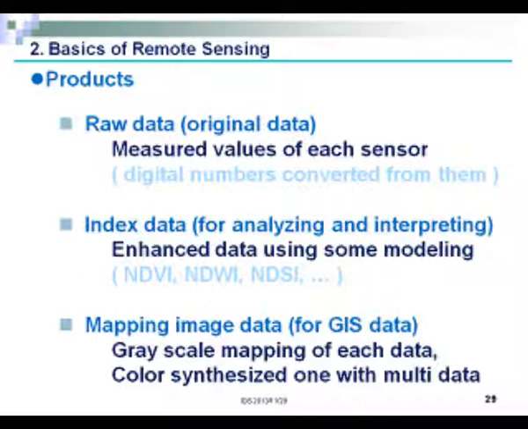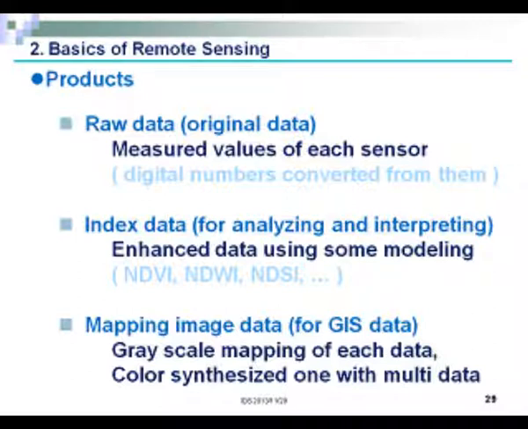We can get raw, linear data from the satellite. This is a measured value of each sensor, a kind of digital number converted from each sensor's measured value.